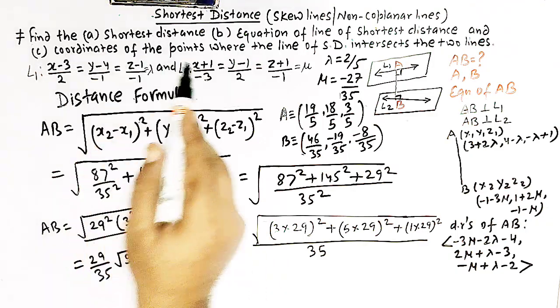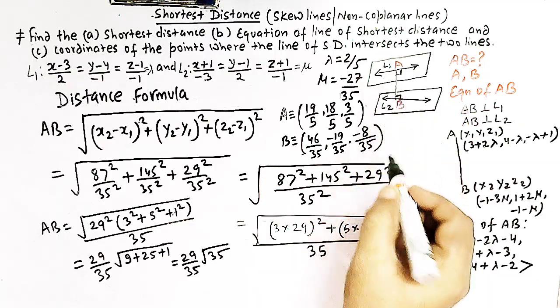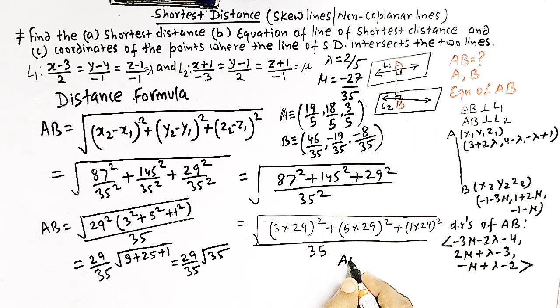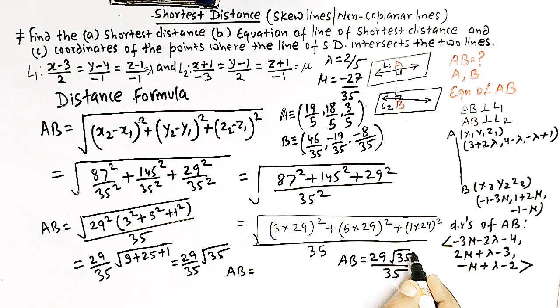So the shortest distance between the lines L1 and L2 is given by 29 root 35 over 35. And we can also simplify this expression by writing it as 29 over square root of 35, right? Because here we have 1 and here we have 35 raised to half.